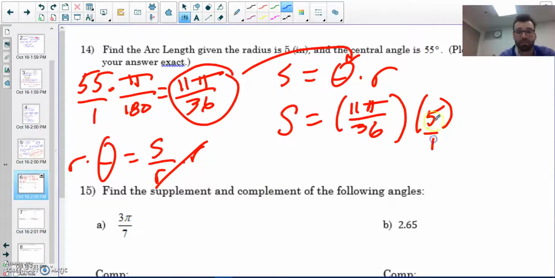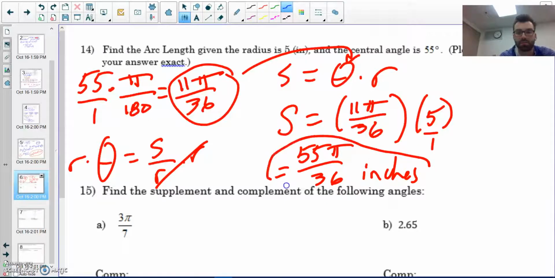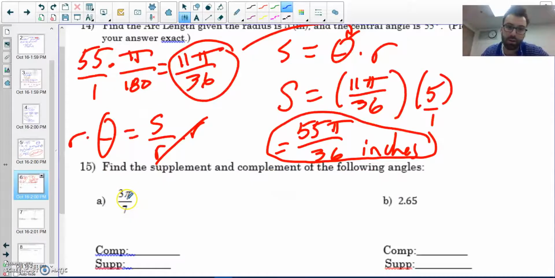That's like 5 over 1. 11 times 5 is 55, so 55 pi over 36 inches. Boom.